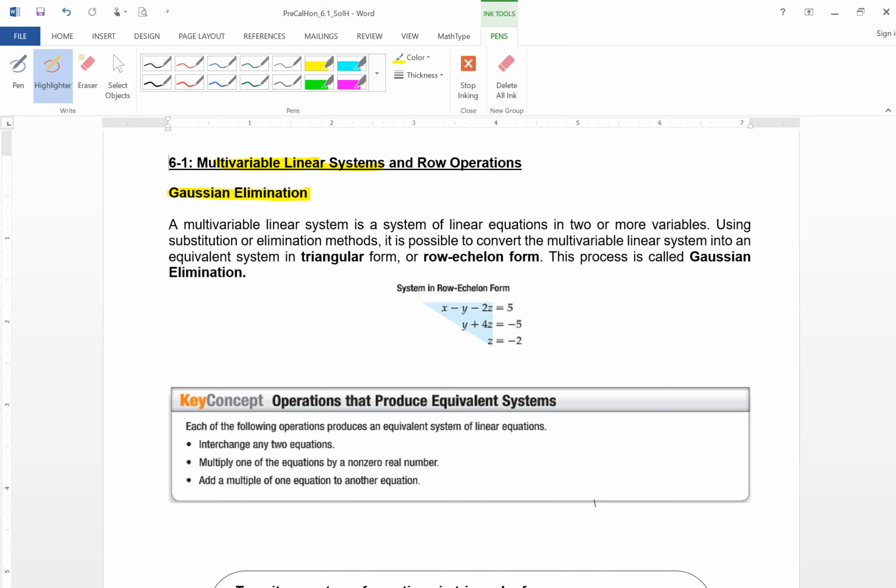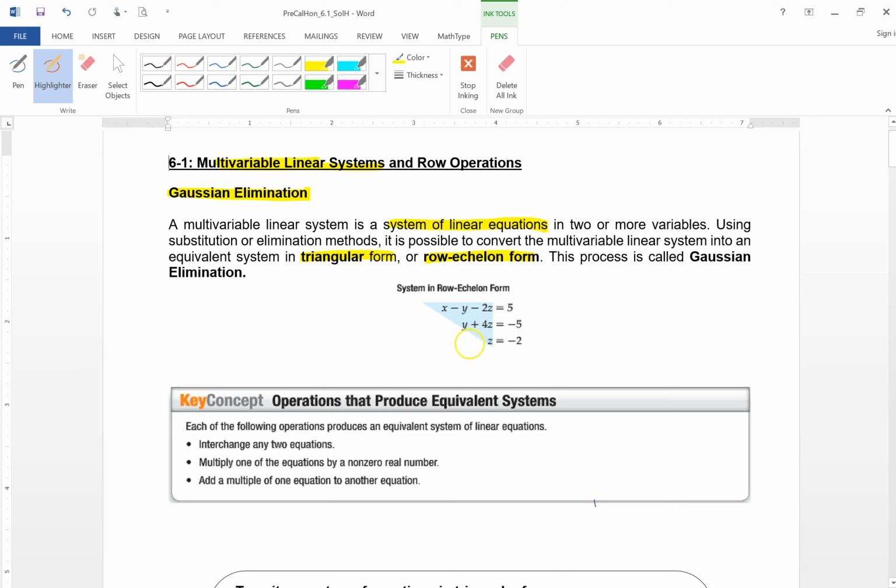When we have a system of linear equations, we can use substitution or elimination, and we can convert the system into triangular form, or a synonym, row echelon form. What is row echelon form? Basically, it looks like a triangle. In the second row, the X element disappears.